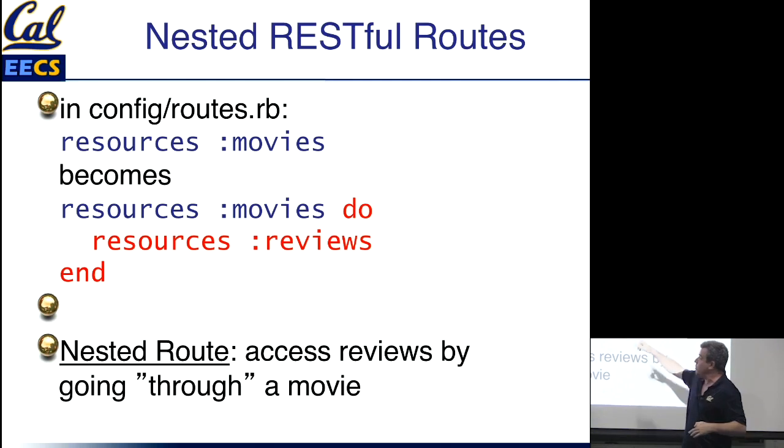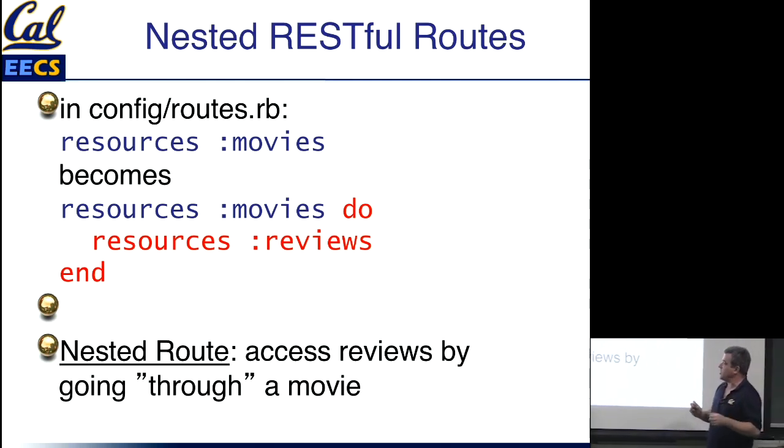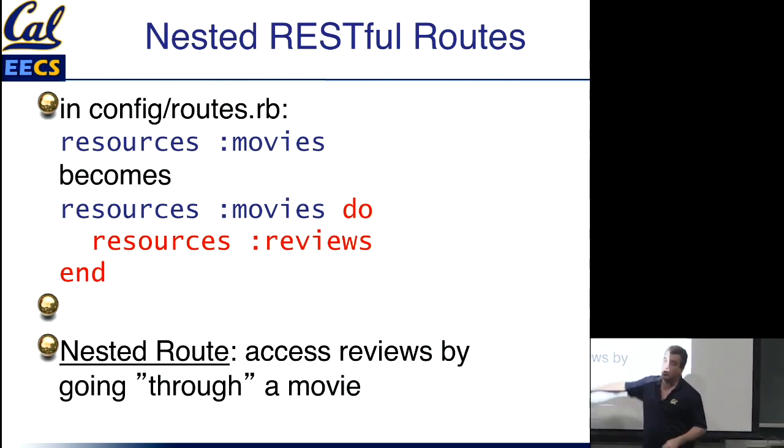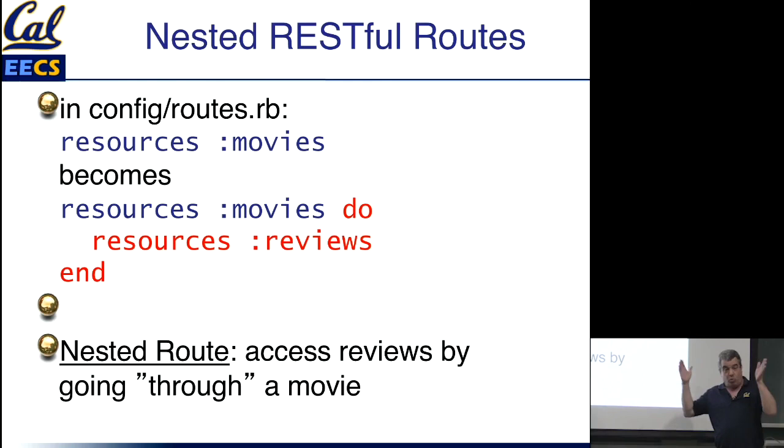Now Rails will build for us additional route helpers and all of the other RESTful support that reflects that relationship. Because now the routes will allow us to express right in the route itself that this is not only a review, but a review associated with a particular movie. Let's see how that works.